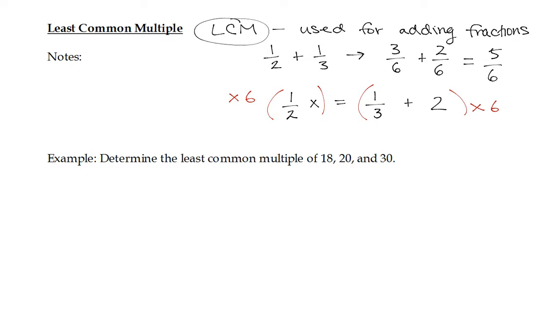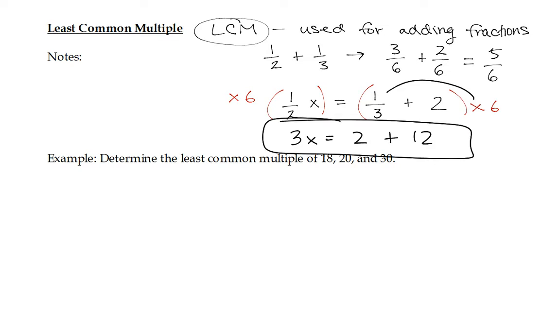Then the equation becomes way less challenging. If you times by 6 on one side and times by 6 on the other side, that's okay, right? Do one thing to one side, do the other. And then you get on this side 3x. The 6 comes in. 6 divided by 3 is 2, and 6 times 2 is 12. I think that's a lot easier to deal with than that first thing, right?